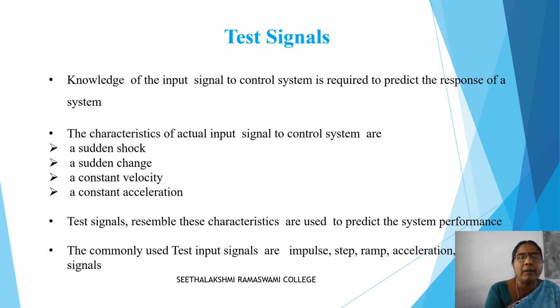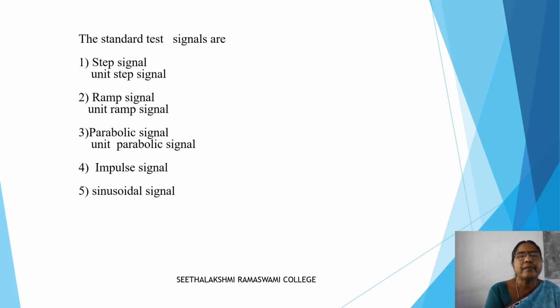The commonly used test input signals are impulse signals, step, ramp, acceleration, and sinusoidal signals. The standard test signals used for testing the control systems are step signal, unit step signal, ramp signal and unit ramp signal, parabolic signal and unit parabolic signal, impulse signal and sinusoidal signal.